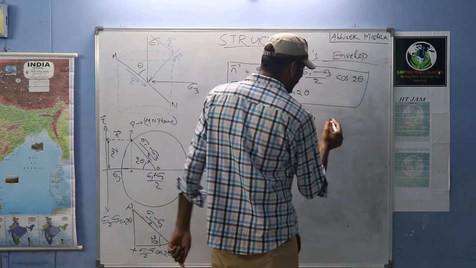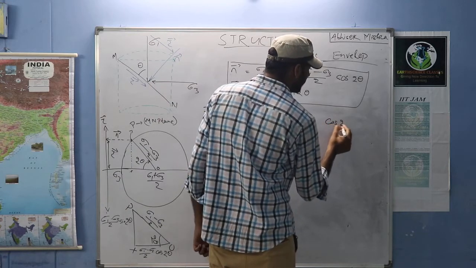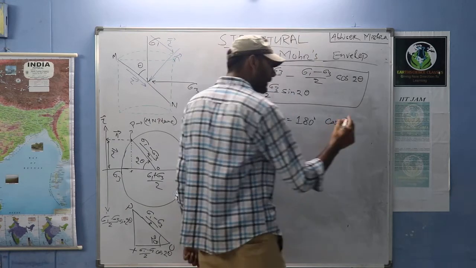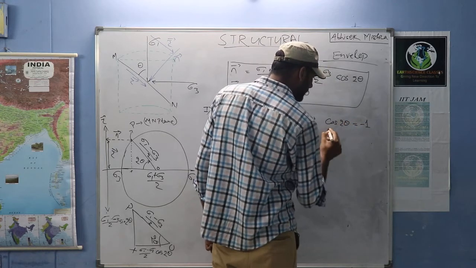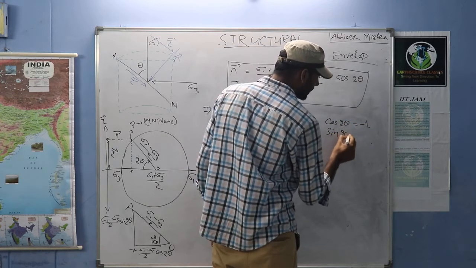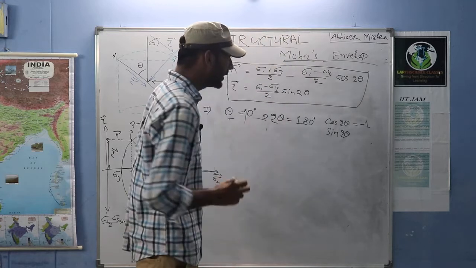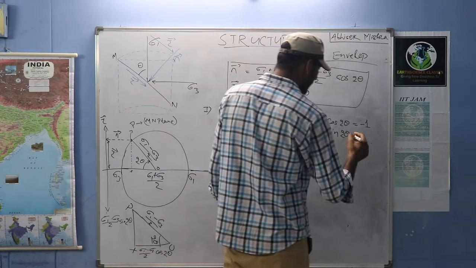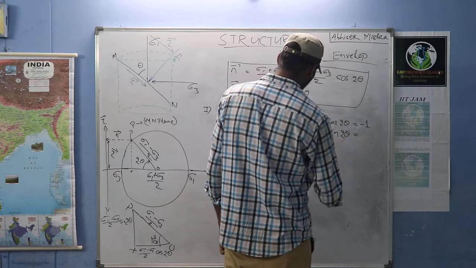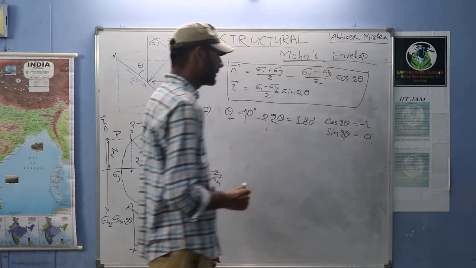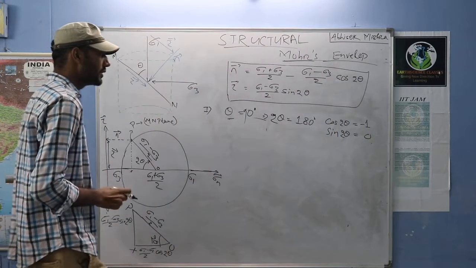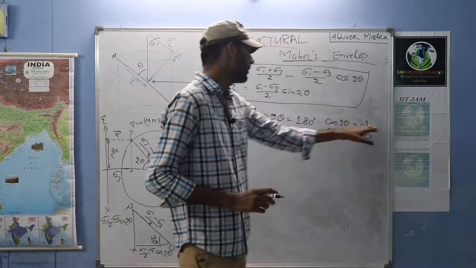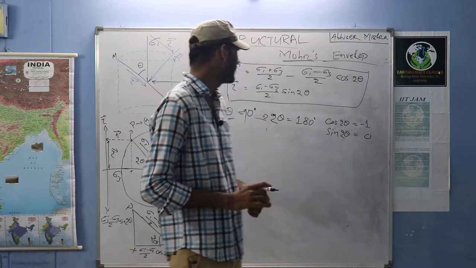Then cos 2 theta will be cos 180, equal to minus 1. Sin 2 theta, that means sin 180, will be equal to 0, right? Sin 0 equal to 0, sin 180 equal to 0. So cos 2 theta will be minus 1, sin 2 theta will be 0.